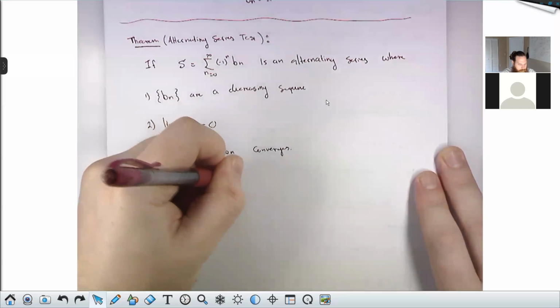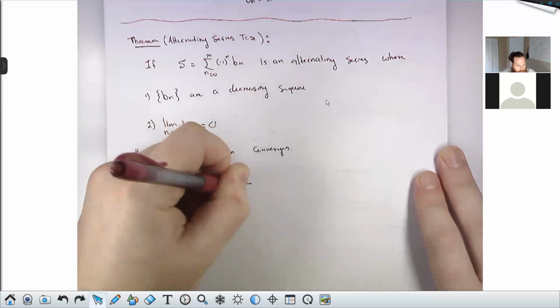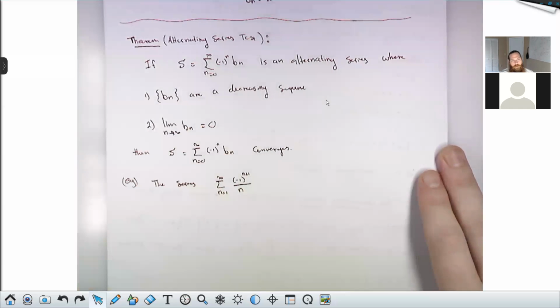So this is another way of writing that series we looked at in the first part of today's class.